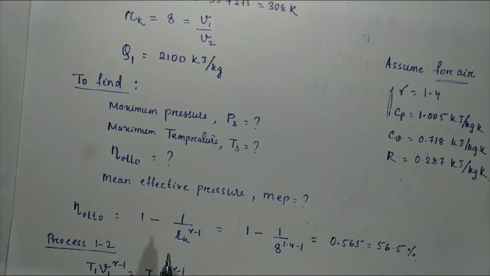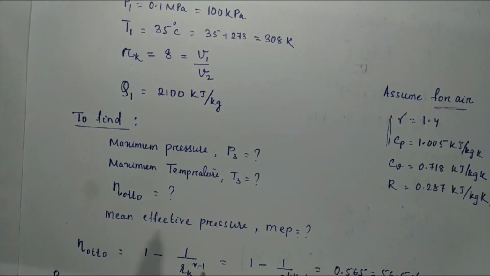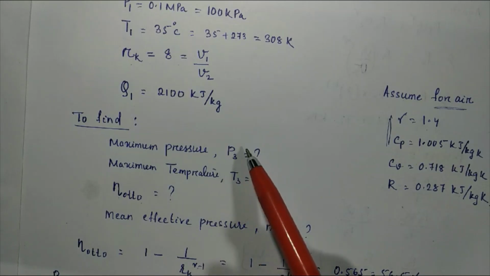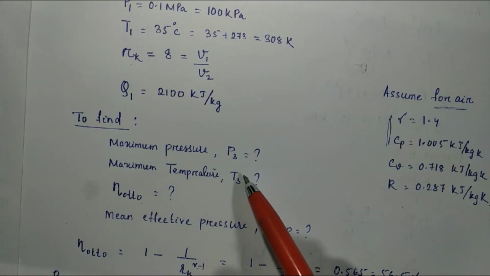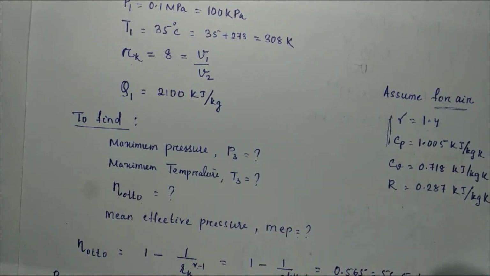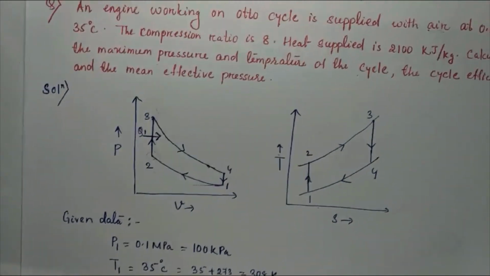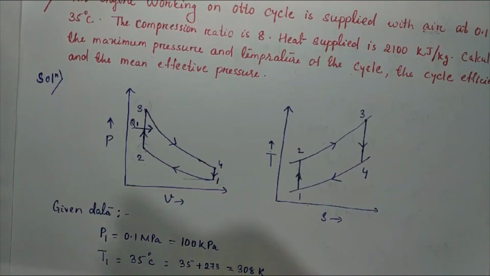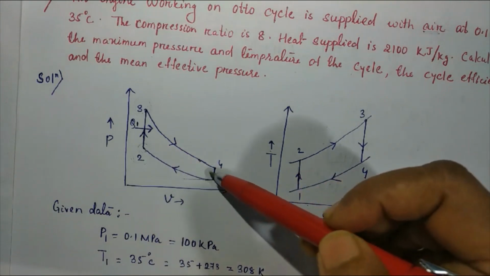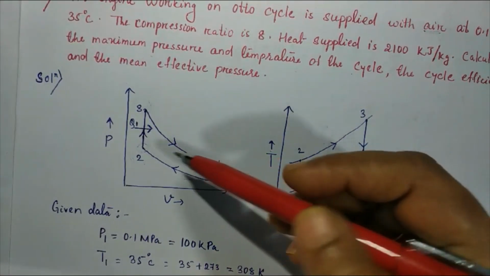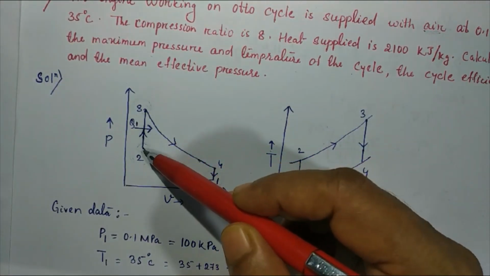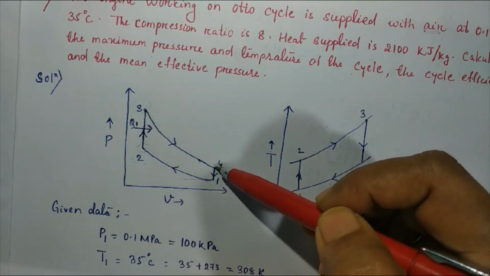Next we have to calculate the maximum pressure and temperature. See here, for this air standard cycle, these states are interlinked with each other. State 3 is linked to state 2 and state 4.